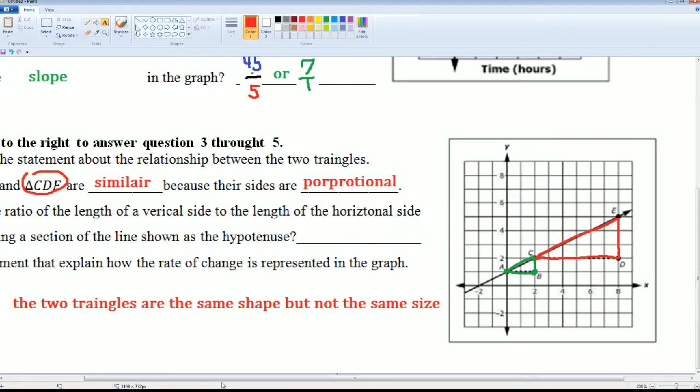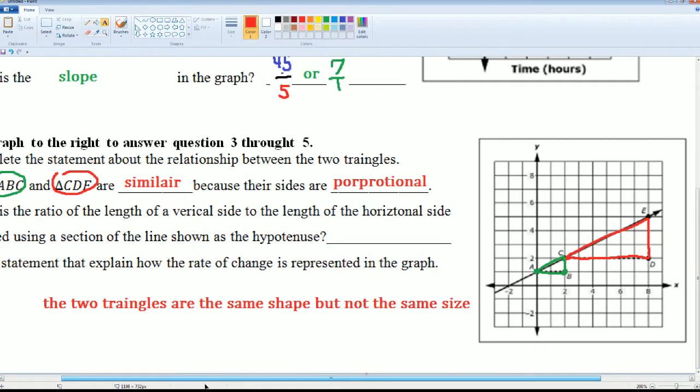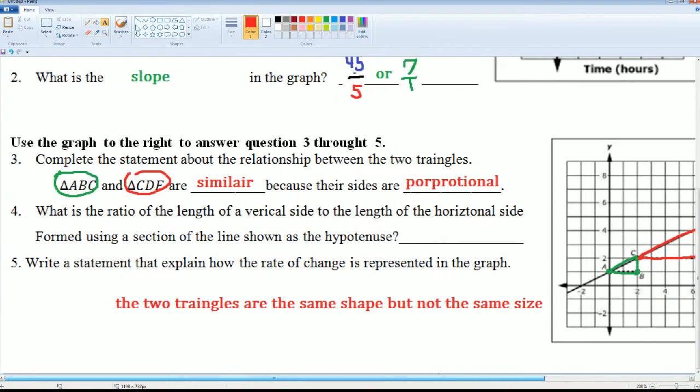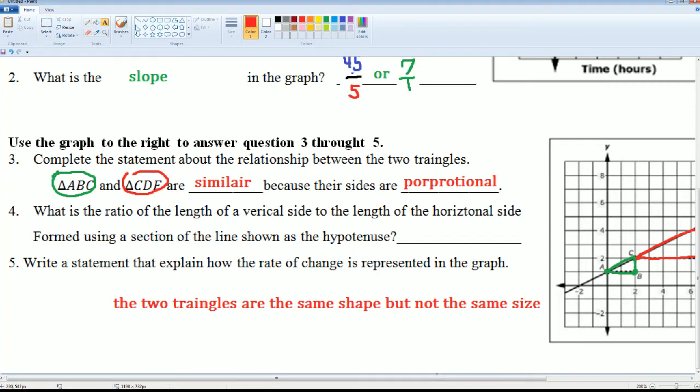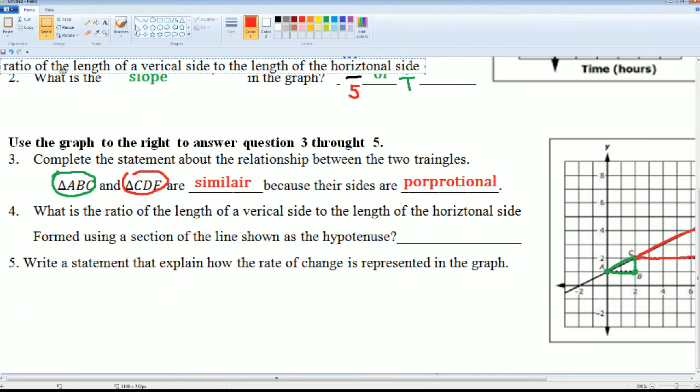Okay? All right. What is the ratio of the length of the vertical side to the length of the horizontal side? So you want a ratio. Okay, you want a ratio. Ooh, let's set up this ratio. This is very interesting.